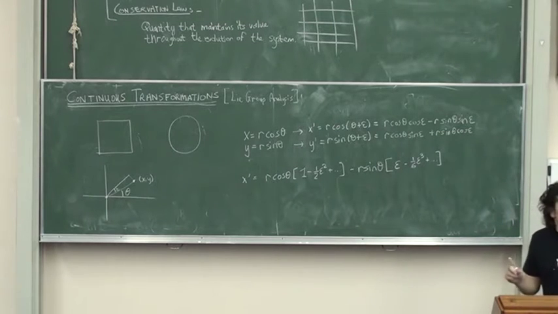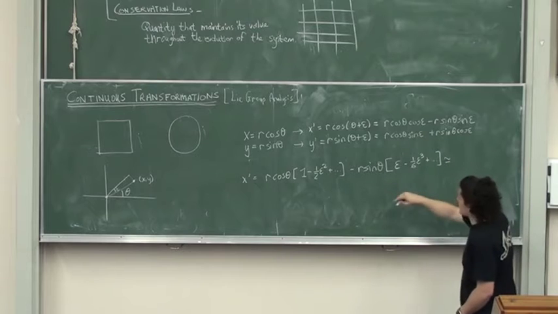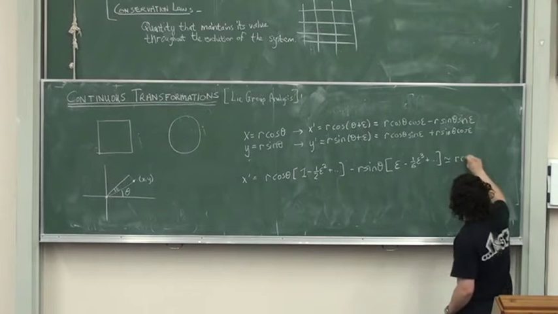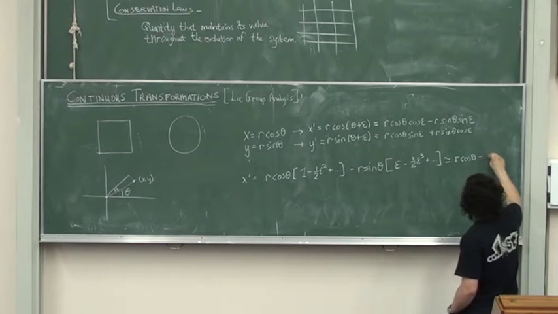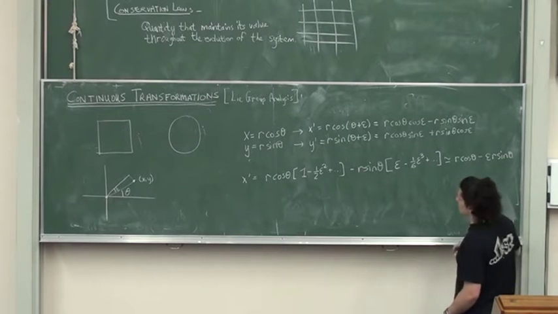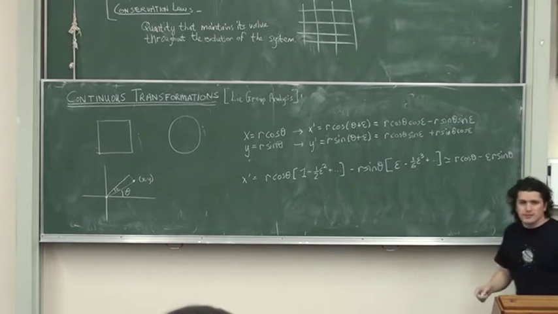Now if I just write this to first order in epsilon, I get x prime equals r cos theta minus epsilon r sin theta. The rest is order epsilon squared. This is the first order approximation.